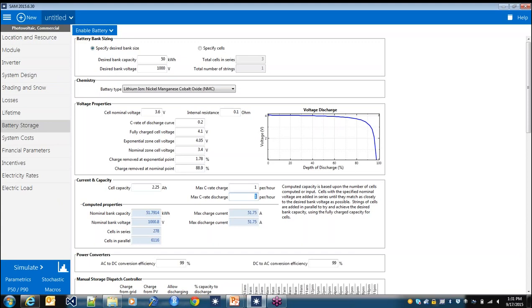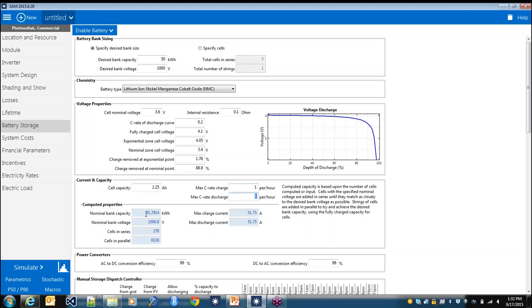Of course, there's really two metrics when you're sizing a battery system. The first is the kilowatt hour capacity, and then you're also interested in the power of the battery, so the kilowatts. This current model of SAM doesn't actually report the kilowatts directly, because it depends on how fast you want to discharge your battery, but we can easily calculate it based on this discharge of 1 per hour.